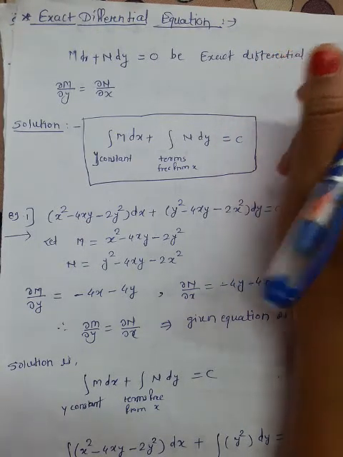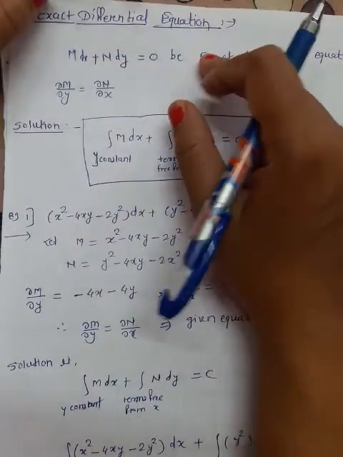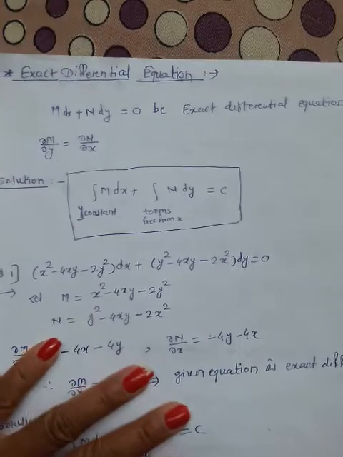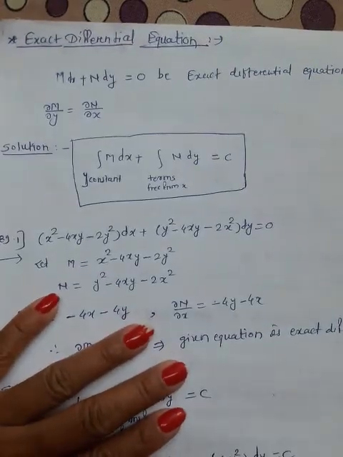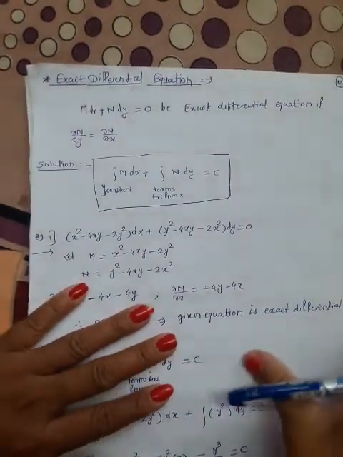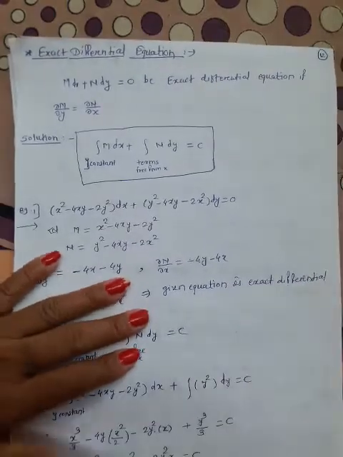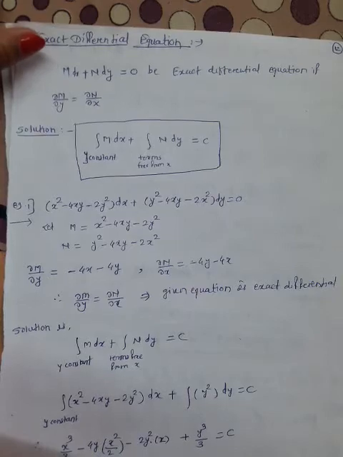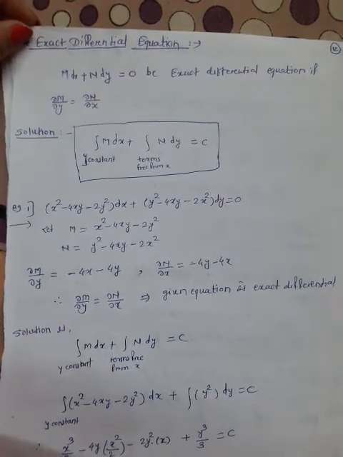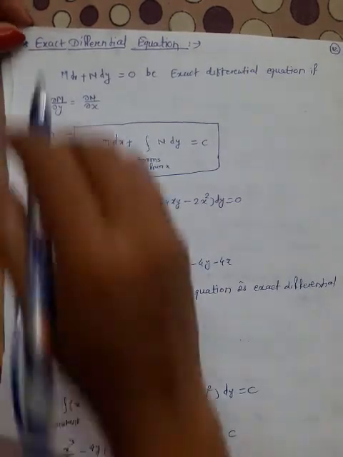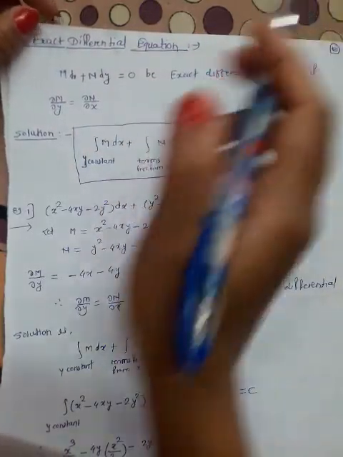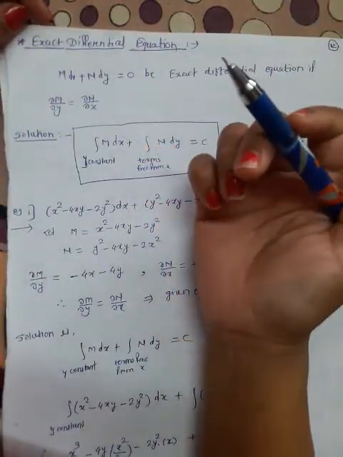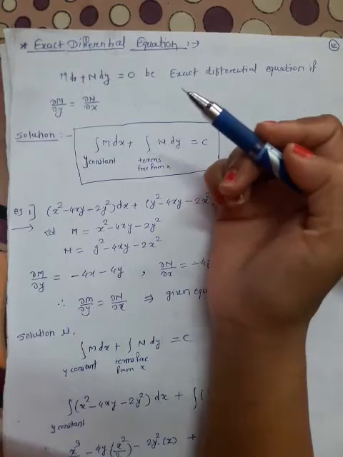Now we are going to see the next type of differential equation, the exact differential equation, an ordinary differential equation. These are very easy examples. You only have to remember the basic derivative and integration formulas.